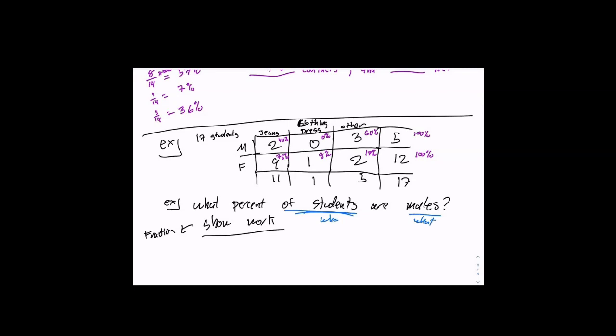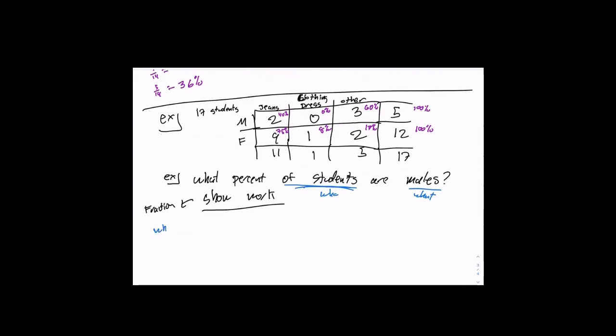The what. And basically, you always take the number of the what, and divide by the number of the who. So, how many males are there in the class? How many males? 5. Divided by how many students? 17. Perfect.